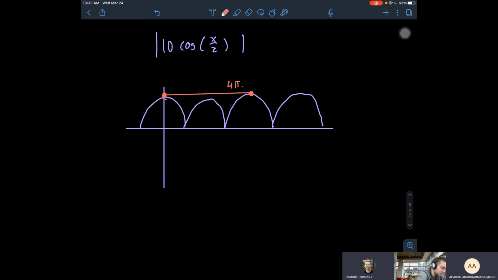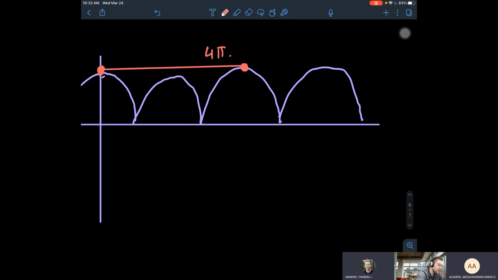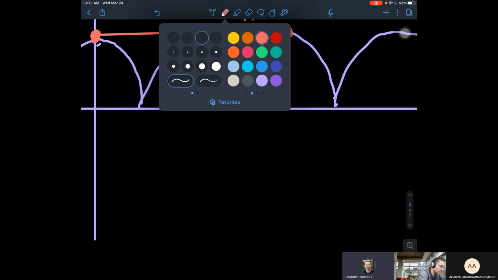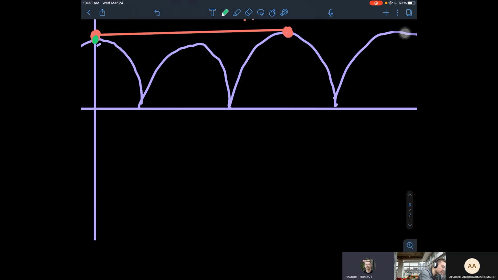Okay, but if we wanted to, we could actually take a look at this and say this function is also a periodic function, except because we made it absolute value, what was once a valley is now a crest. And so now, in fact, we can say that the period of this function is actually 2 pi.